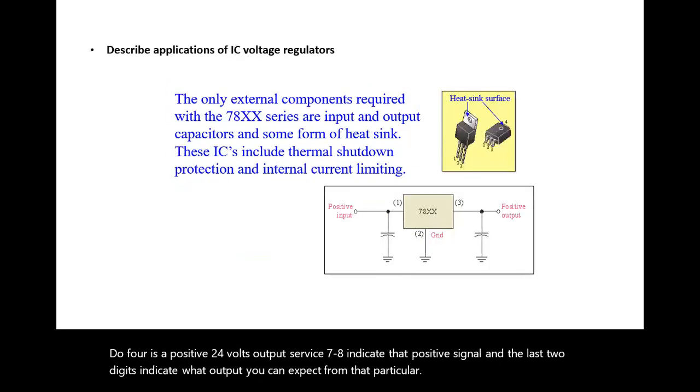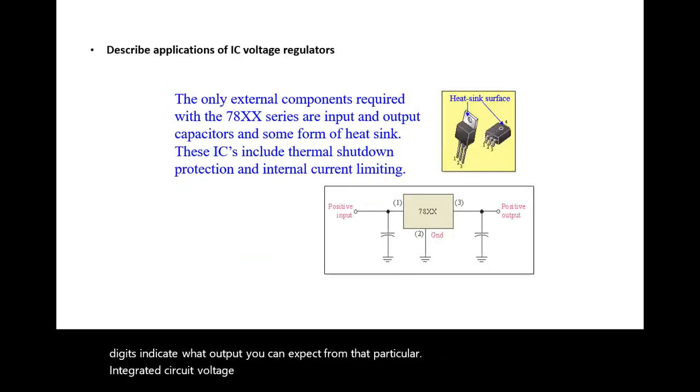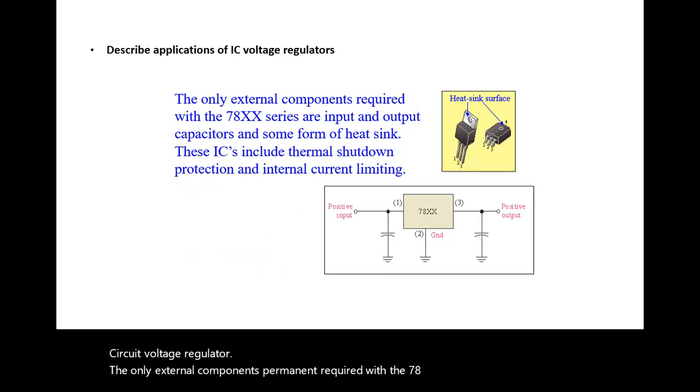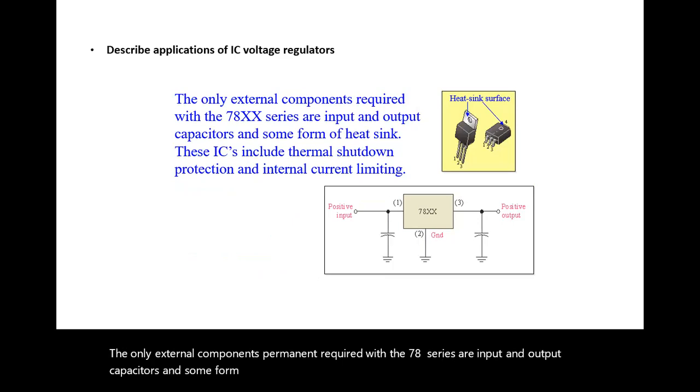integrated circuit voltage regulator. The only external components required with the 78XX series are input and output capacitors and some form of a heatsink. These ICs include thermal shutdown protection and internal current limiting.